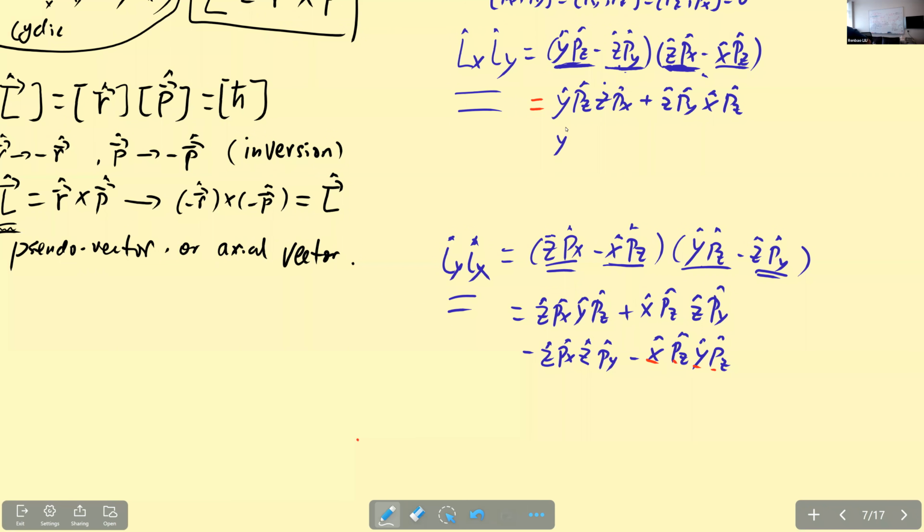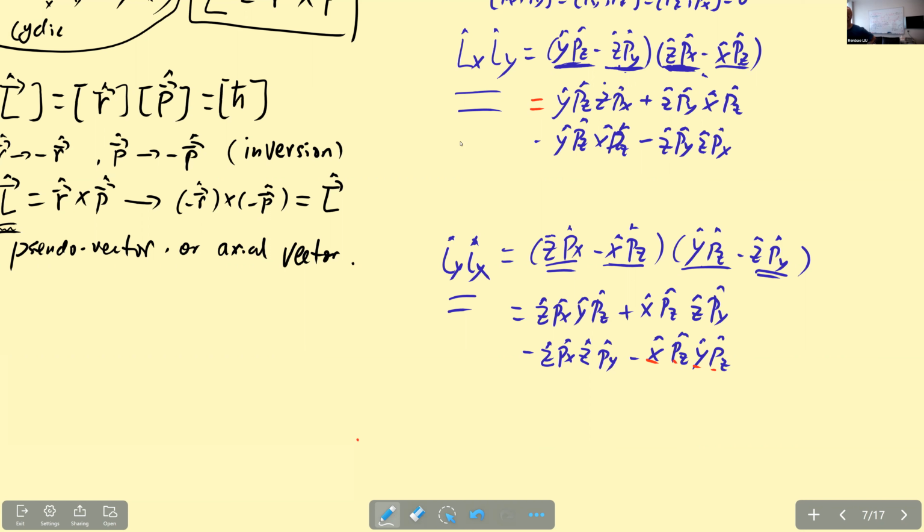And then you have Y Pz minus that, and the X Pz. Sorry, yes, and then this and this. That's minus Z Py and Z Px.